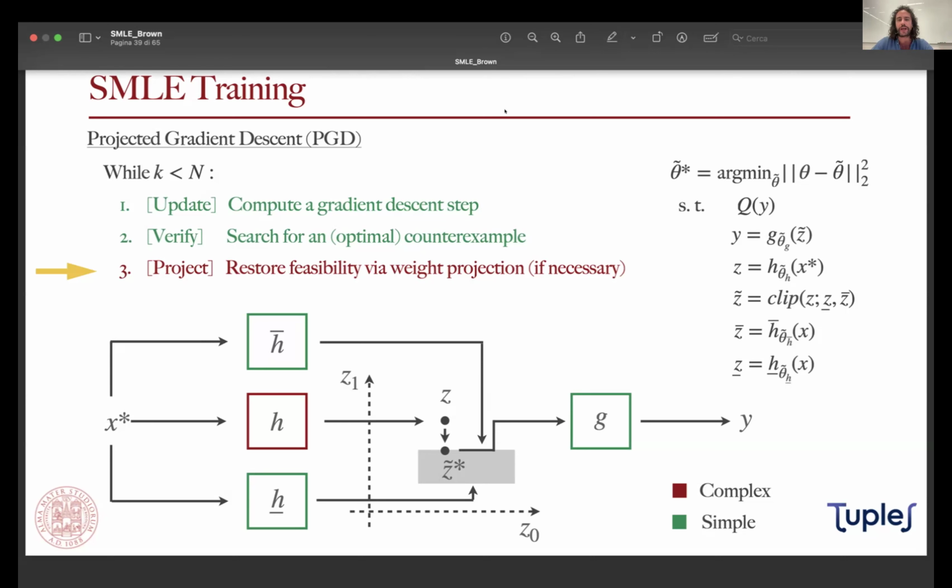So our idea was, why don't we move the effort to training time, so that at the end you have a network which is already verified? Maybe your training algorithm is much more expensive, but then you have a network which doesn't need to be verified. That was our intuition.